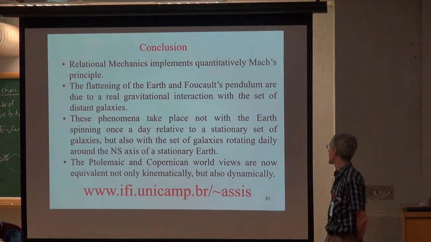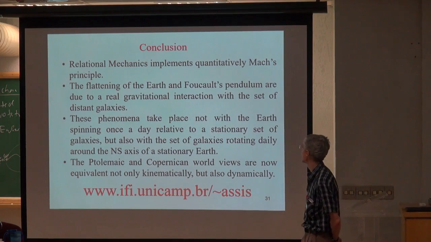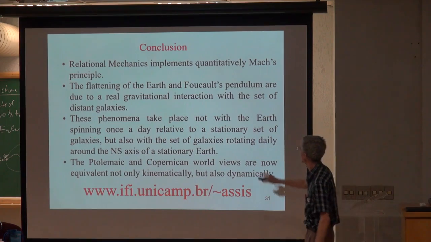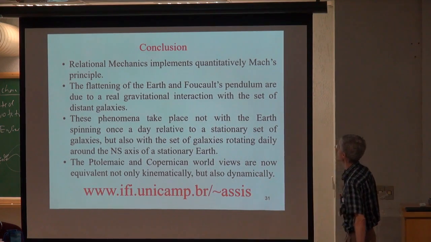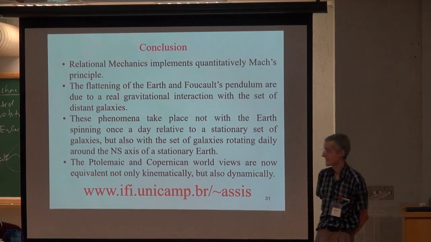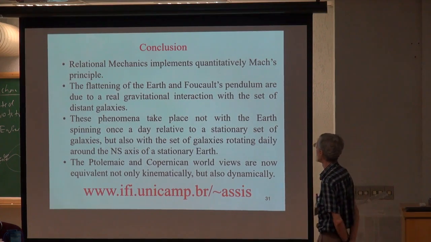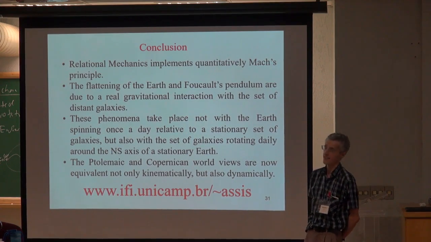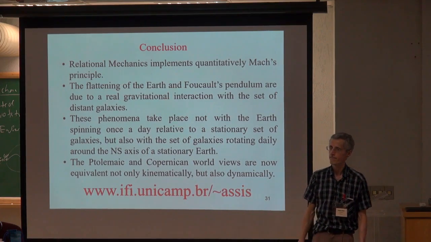These phenomena take place not only with the Earth spinning once a day relative to a stationary set of galaxies, but also with the set of galaxies rotating daily around the north-south axis of the Earth. The Ptolemaic and Copernican worldviews are now equivalent, not only kinematically, as was always known, but also dynamically.